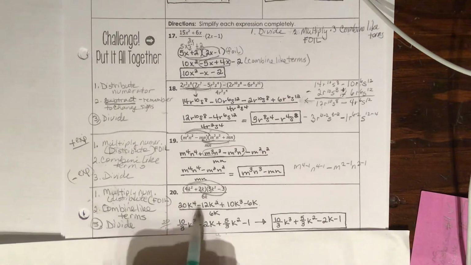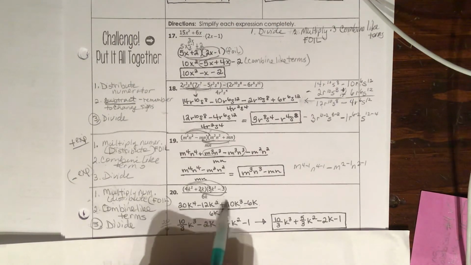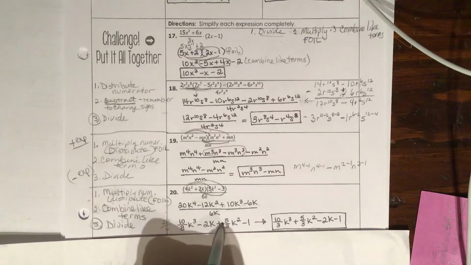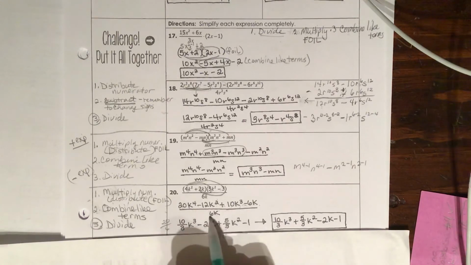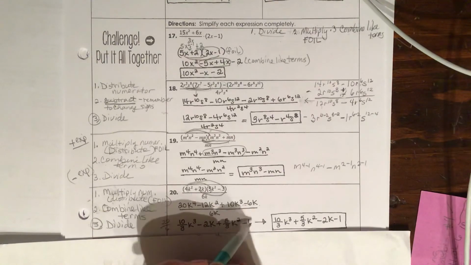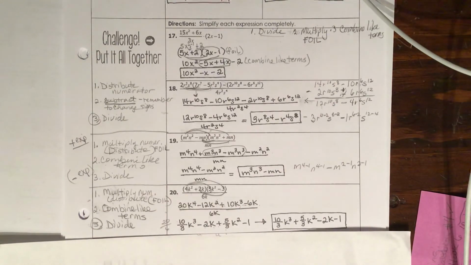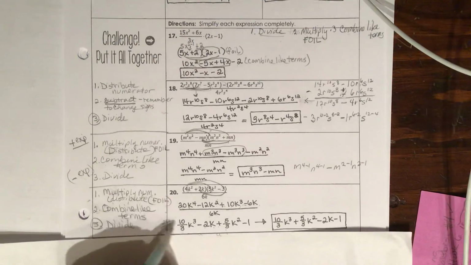So it's 10/3 minus 2k, since 2 minus 1 is k, plus, this is 3 minus 1 is 2, but 10 over 6 you can reduce to 5/3. And negative 6 over 6 would be 1, and k minus k is nothing, so that cancels out, so it's minus 1. So that is your final answer, and you leave it just like that.